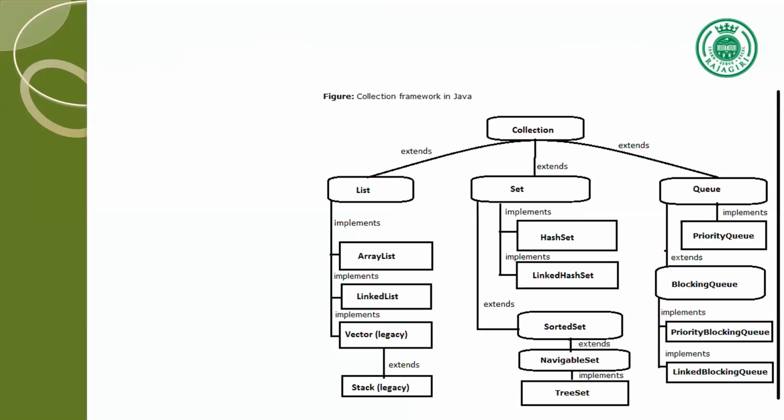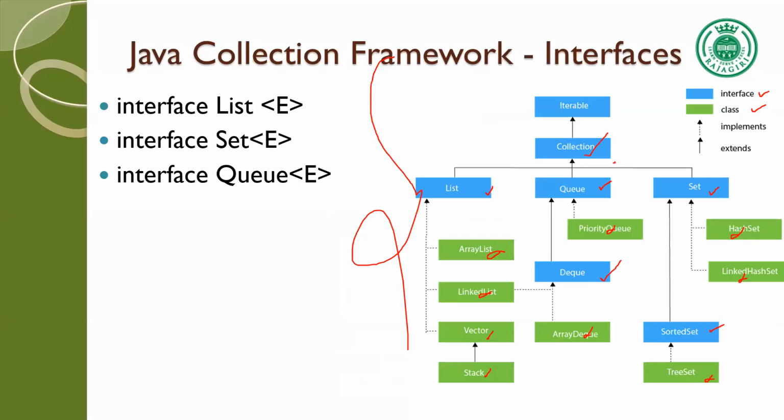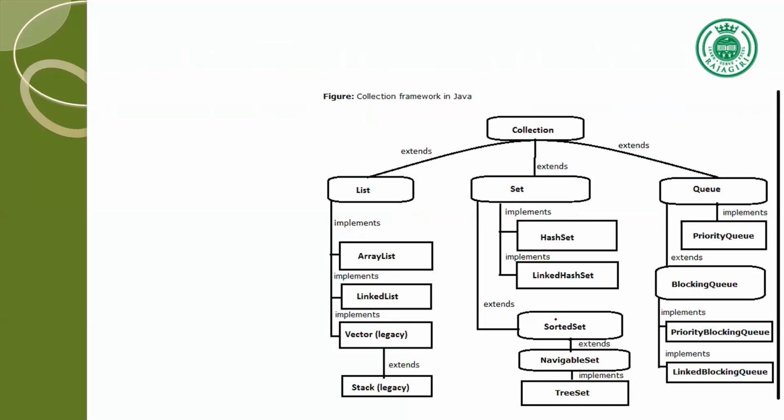So I put everything together, it will be like this. All the things which are implements will be one category, all the things which are extends will be another category. I believe this image is much more readable for you than the normal image anyway.